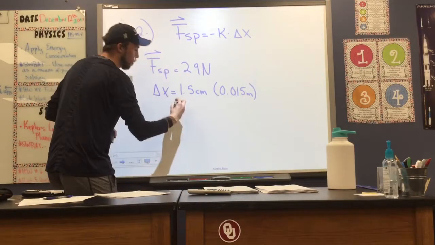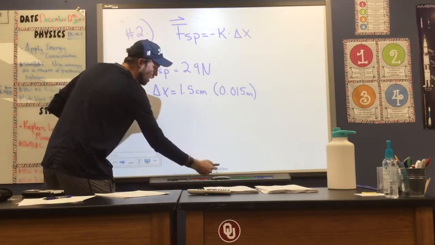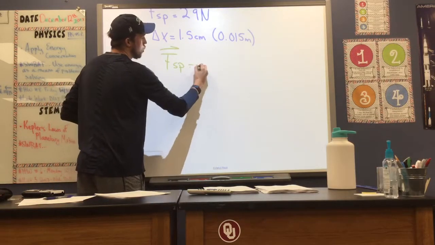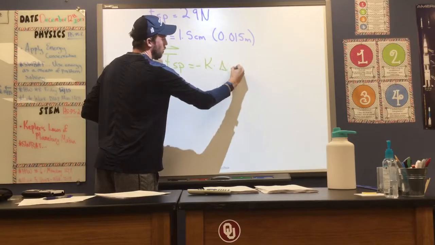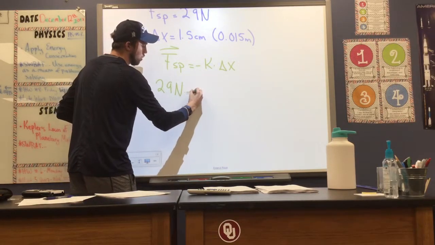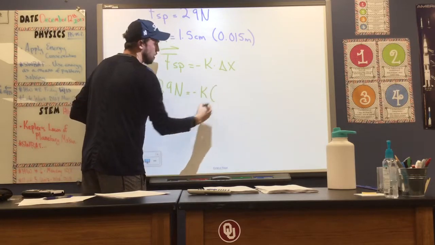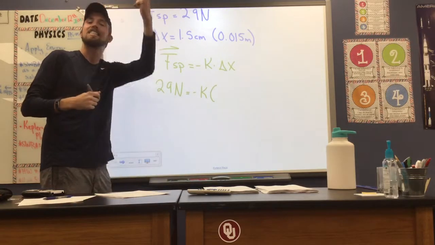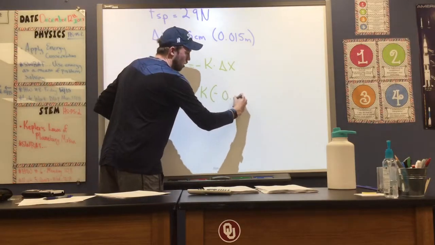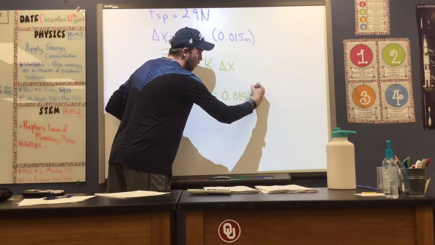So we'll plug in for our spring force, FSP, 29 newtons. I'll rewrite our equation just momentarily. So FSP, our force, was 29 newtons is equal to negative K times delta x. And we'll assume that delta x is negative. We're changing our length in the negative direction, 0.015 meters.